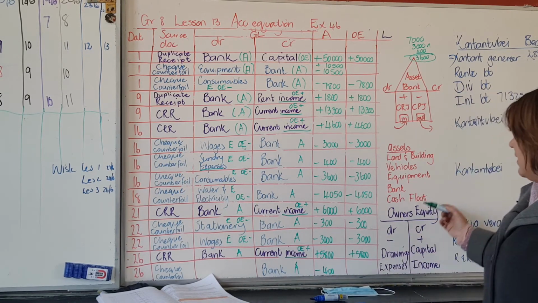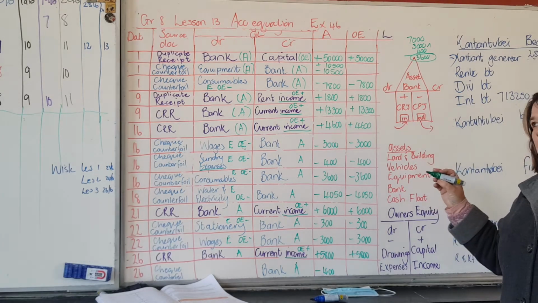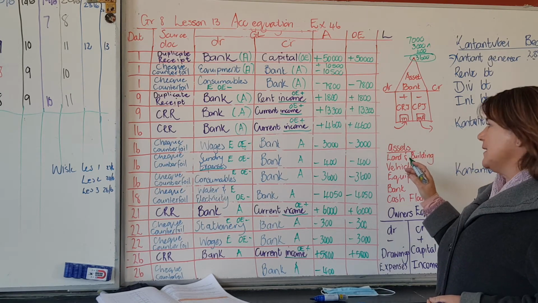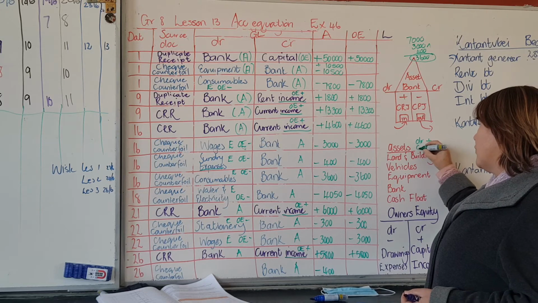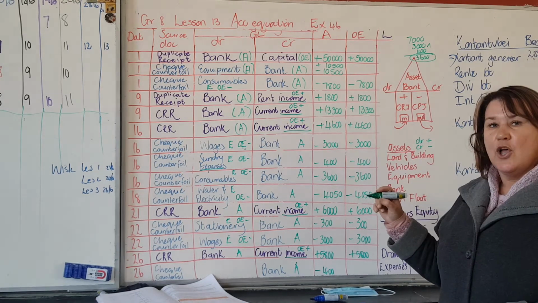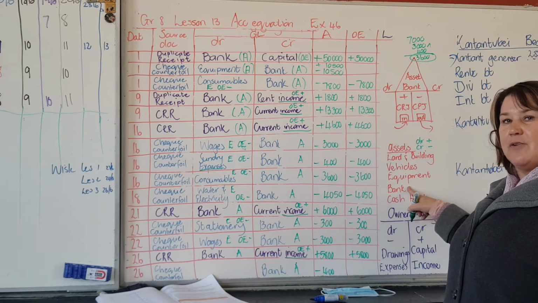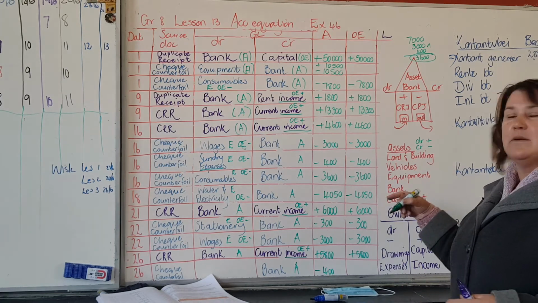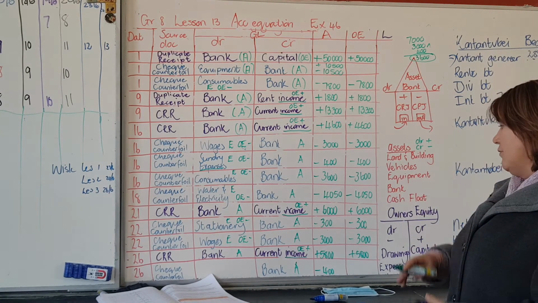Okay, remember, bank is an asset. Boys and girls, in grade 8, when you buy an asset, then it will increase. So your debit will be plus and your credit will be minus. The only asset that's going to decrease in grade 8 is going to be your bank. Because we purchase land and building, we purchase vehicles, we purchase stationery.